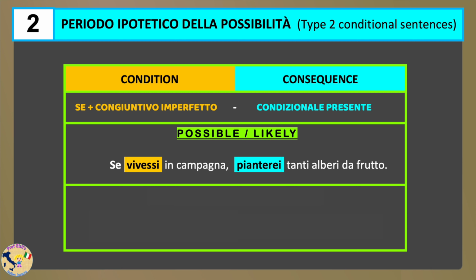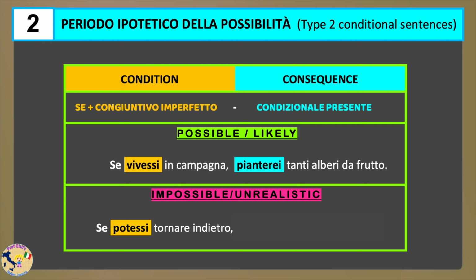However, this sentence structure can sometimes be used to express impossible conditions and unrealistic consequences. Let's take the sentence se potessi tornare indietro rifarei le stesse scelte. If I could go back in time, I would make the same choices. In this case, the consequence is unrealistic because it is impossible for me to go back in time and make the same choices I made in the past.